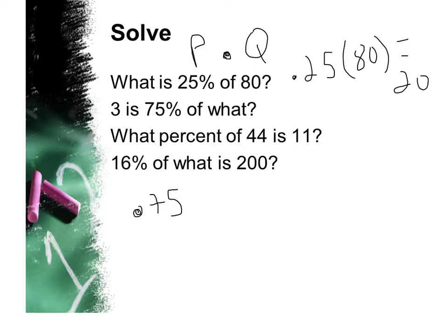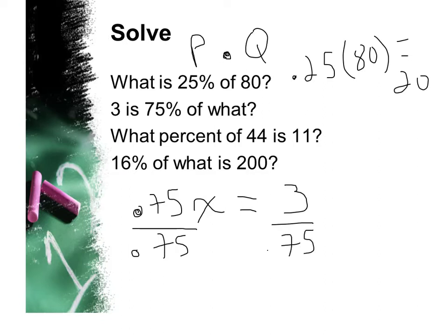Of what? I don't know, so that'd be X. Is means equal, and 3. So to solve this, you just divide both sides by 0.75. So X is 3 divided by 0.75, which is equal to 4.